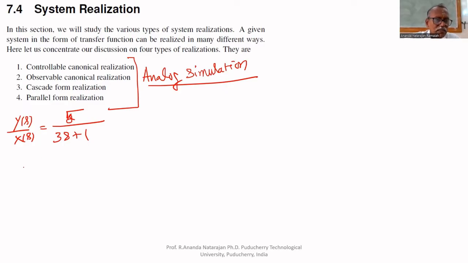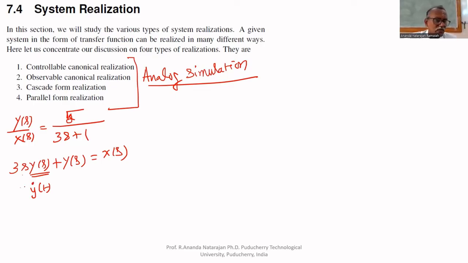If you cross multiply this, you will get 3s y of s plus y of s equal to 5 x of s. In the time domain, s y of s means y dot of t. S means derivative, 1 by s means integration.